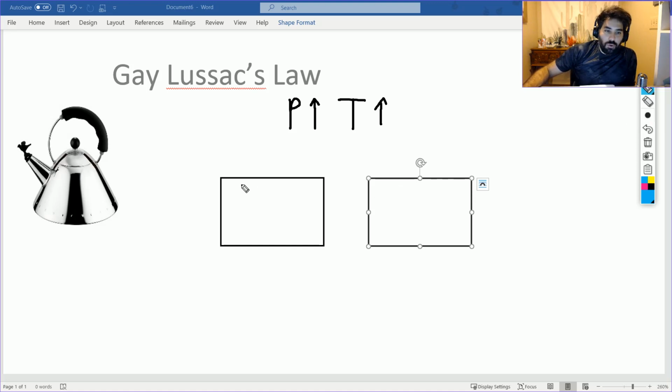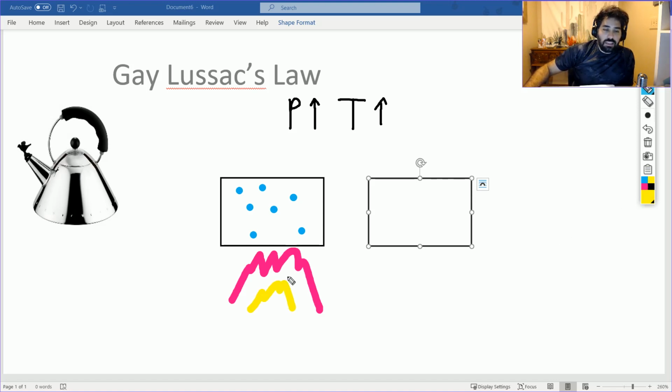For now, I just want to go over these box containers, these representations of containers. So let's say I have this box, and inside the box I have 1, 2, 3, 4, 5, 6, 7 gas molecules. What I do to the box is I set the box on fire. I add heat to the bottom of the box. Well, what does that heat do?